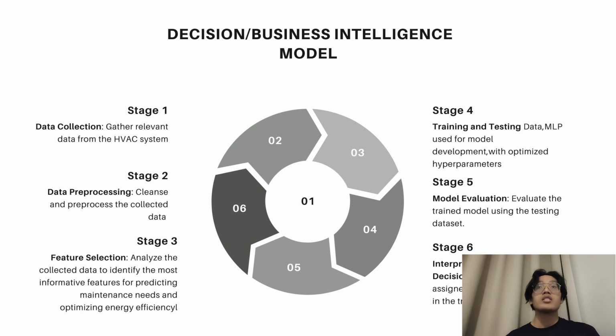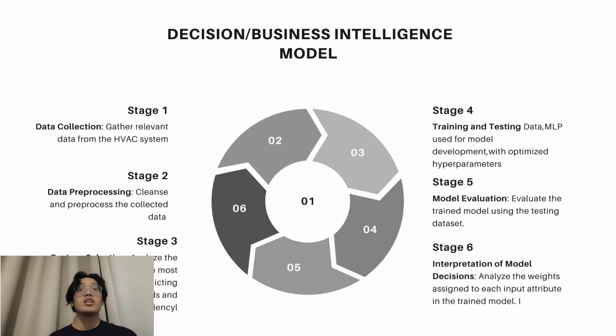In stage 4, training and testing data, the multi-layer perceptron or MLP is used for model development with optimized hyperparameters. In stage 5, model evaluation, we evaluate the trained model using the testing dataset. And the last stage, stage 6, is interpretation of model decision, where we analyze the weight assigned to each input attribute in the trained model.